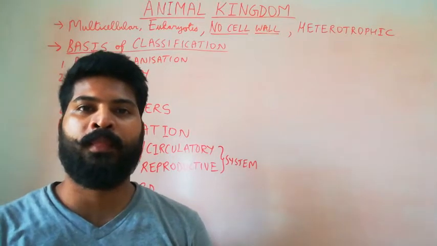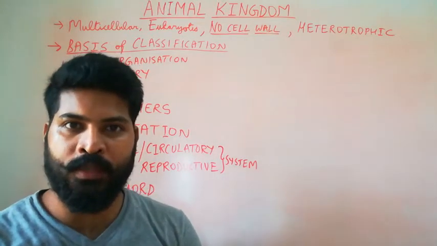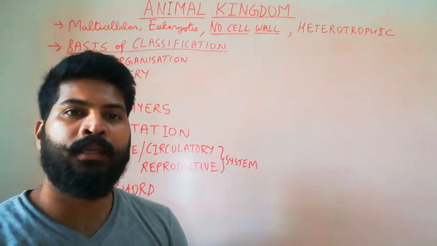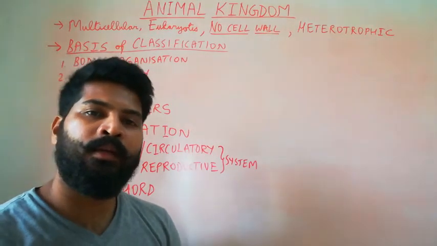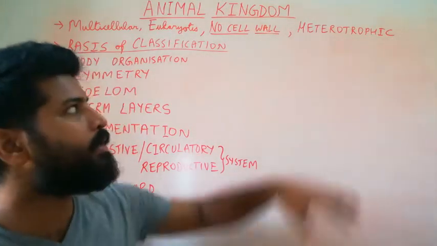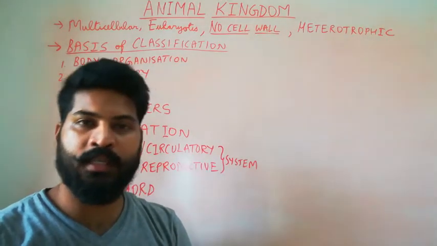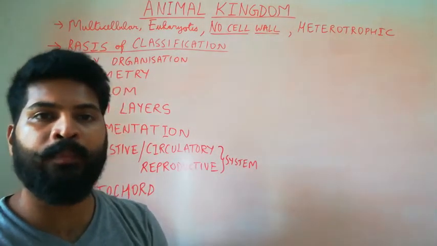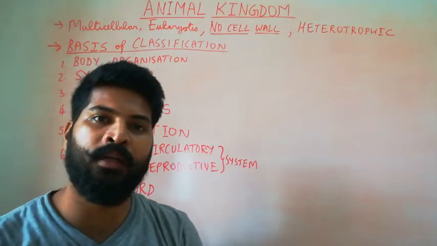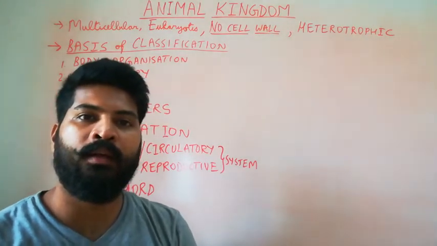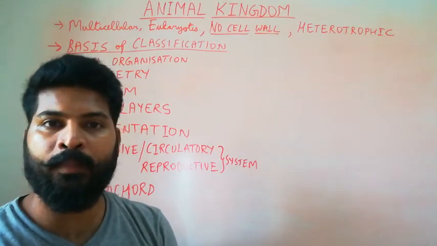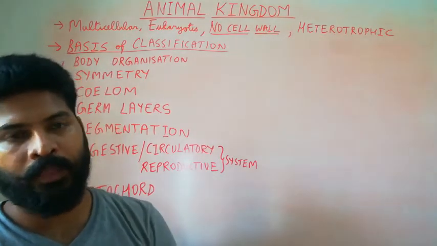Welcome back. In this series of videos, we will be discussing chapter 4 in first PUC biology, that is animal kingdom. In the previous sessions, we have discussed about kingdom Monera, Protista, fungi, and we have studied plant kingdom in detail.